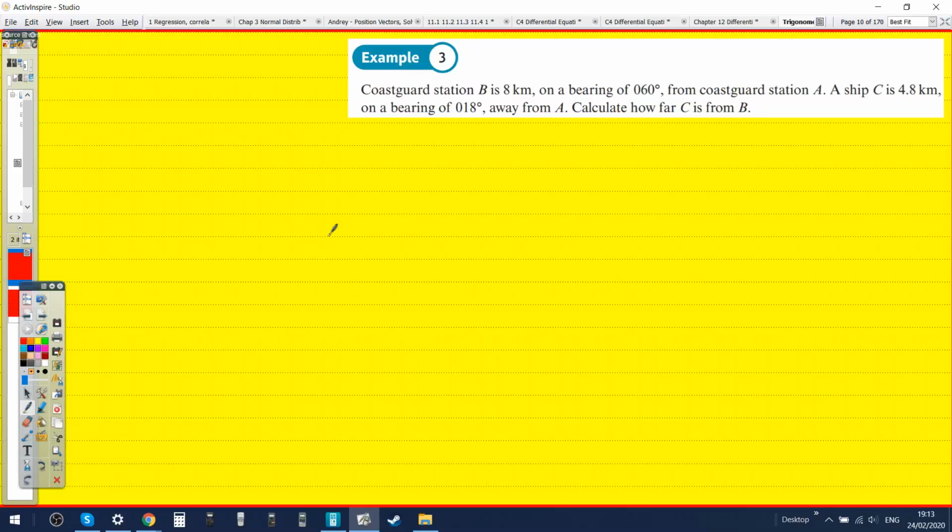Do you need to use a protractor here or no? That would be for a scale drawing. I don't think it'd be a good idea.